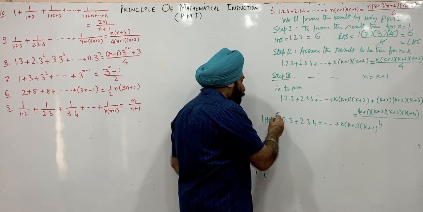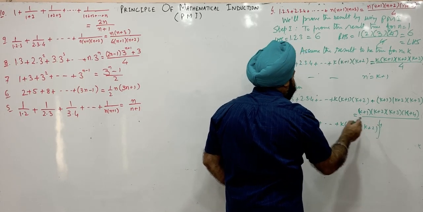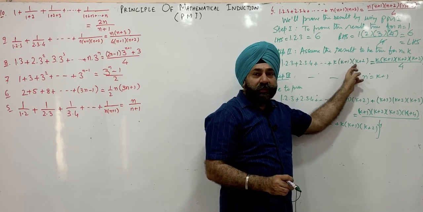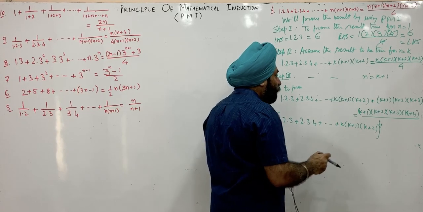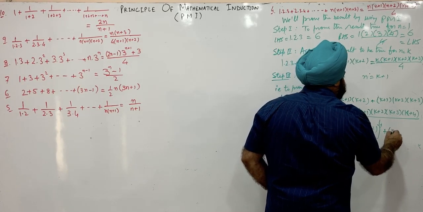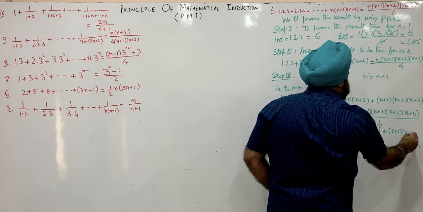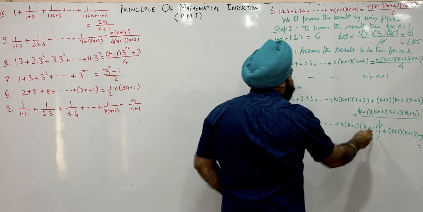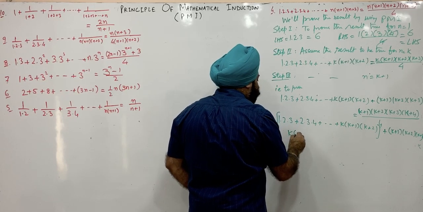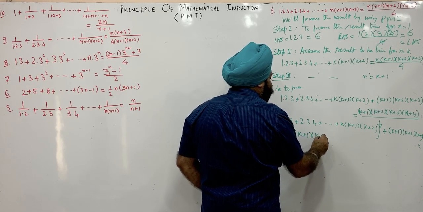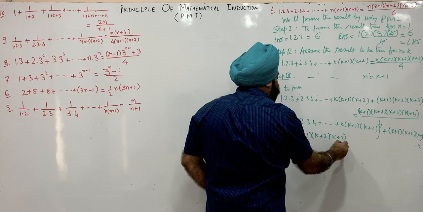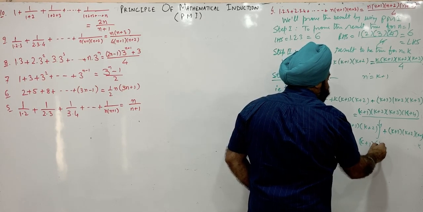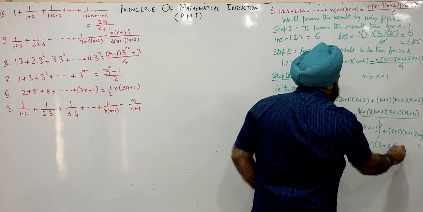We write these terms in one bracket because this is sum of first k terms which is available in the second step, plus the next term which is k plus 1 into k plus 2 into k plus 3. Replace this by this sum which is k plus 1, k plus 2 into k plus 3 upon 4 plus the k plus first term which is k plus 1 into k plus 2 into k plus 3.